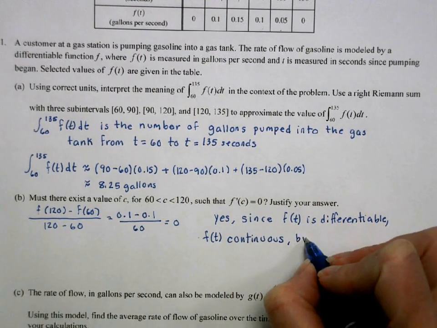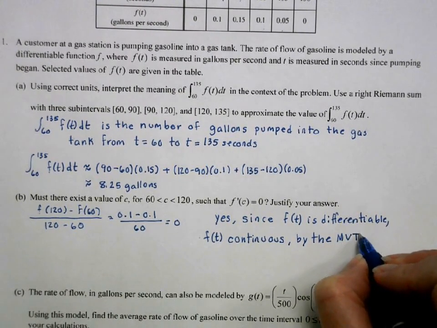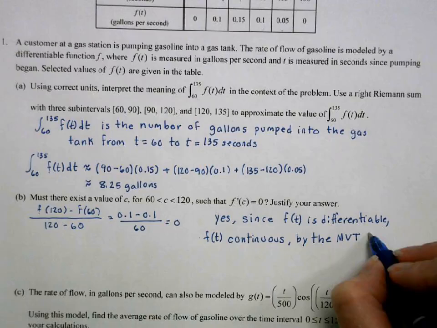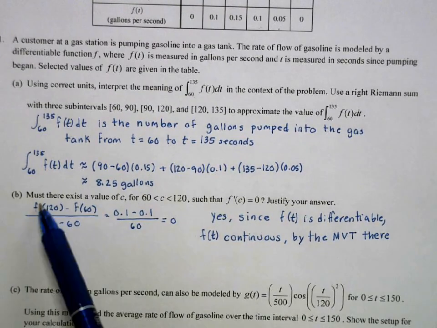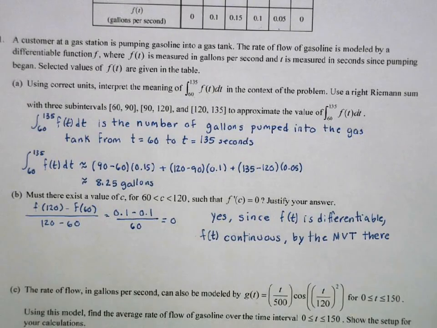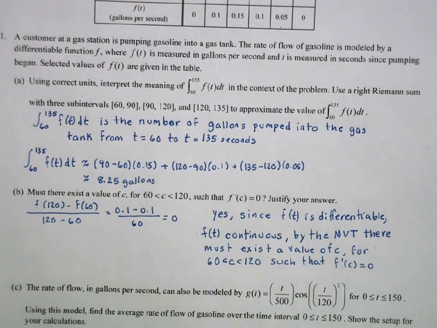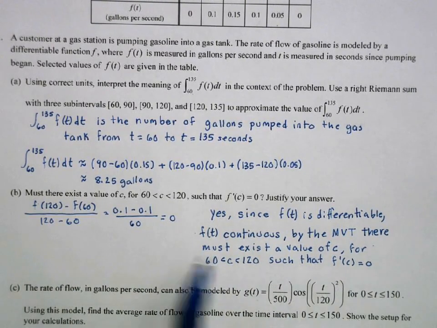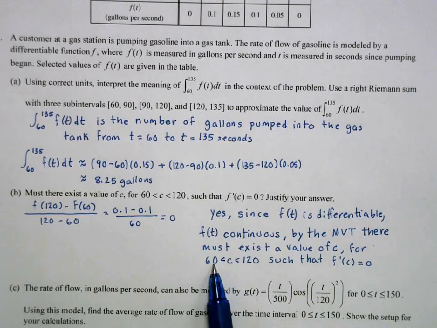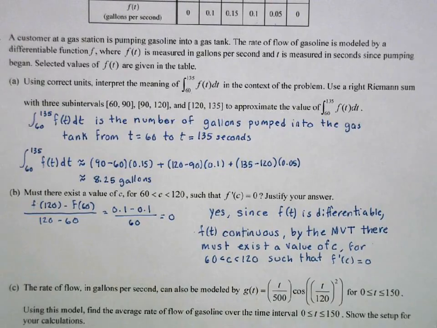So by the mean value theorem, and I am going to abbreviate MVT, and I'm basically just going to mimic this back. Okay, so just taking the wording straight from the problem, by the MVT, there must exist a value c for 60 is less than c is less than 120, such that f prime of c equals 0.